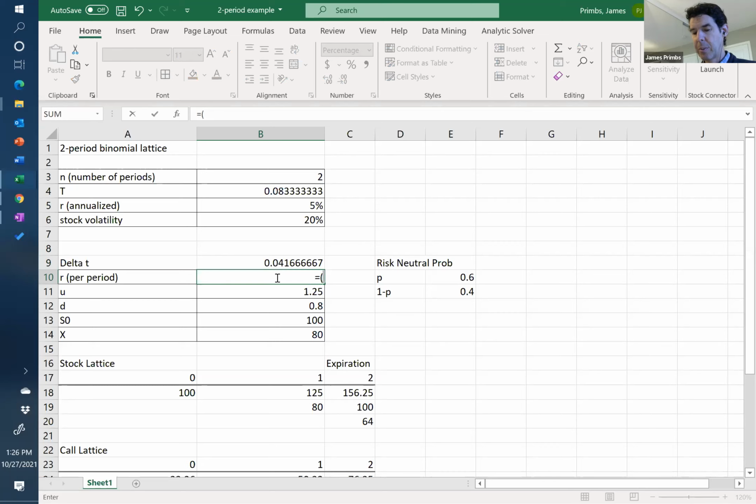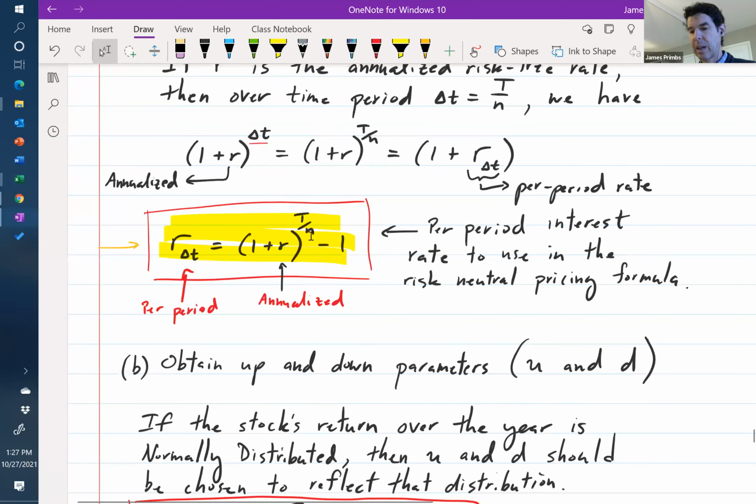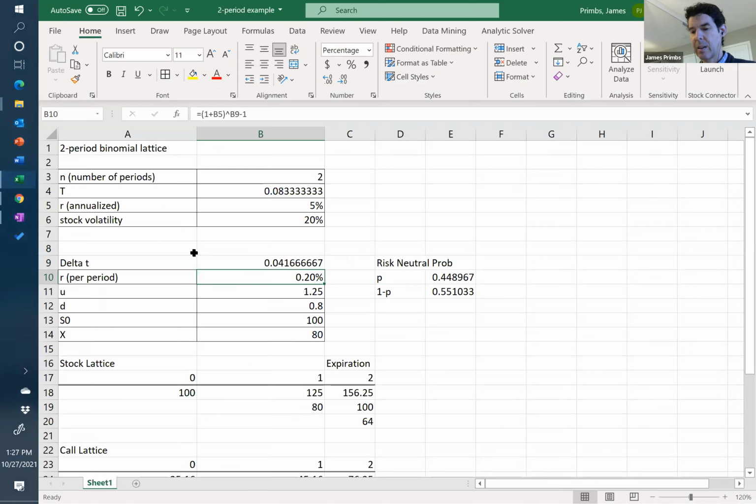I'm going to use this formula, where T over N is also delta t. So instead of being handed a per period interest rate, it's 1 plus the annualized interest rate to the power of a time step, minus 1. It's going to be something really small, especially if you do a lot of steps, because it's a very short time period. So this is 0.2%.